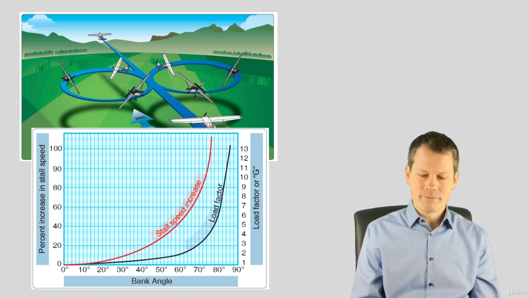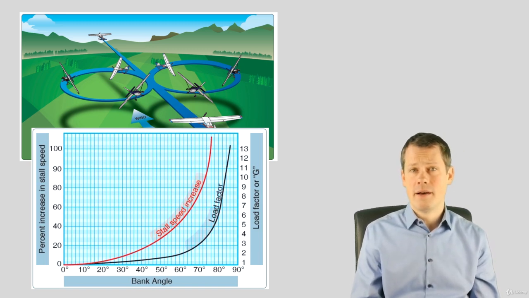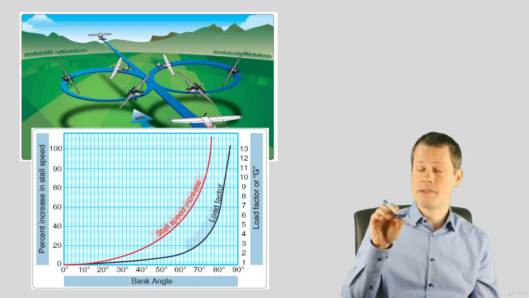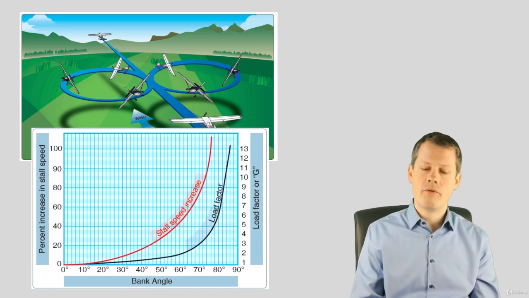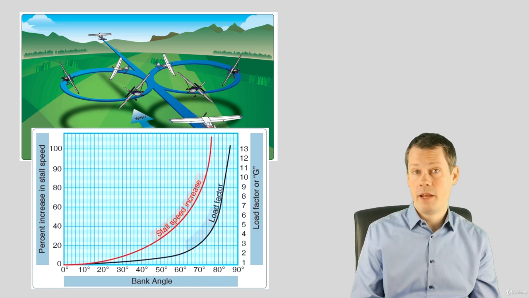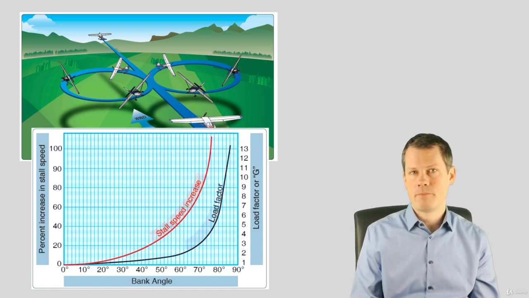So the stall speed actually increases by the square root of the load factor. So for example, in a 45 degree standard steep turn scenario, 45 degrees bank, your load factor is 1.4, and your stall speed is already increased by 20%.